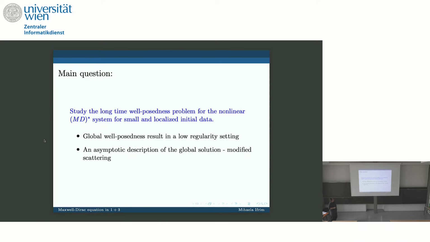We are going to assume we have small and localized initial data, and we are going to prove global well-posedness in a low regularity setting, and we are going to derive an asymptotic description for the global solution, which is going to show us that we do not have regular scattering, we're going to have something known as modified scattering.